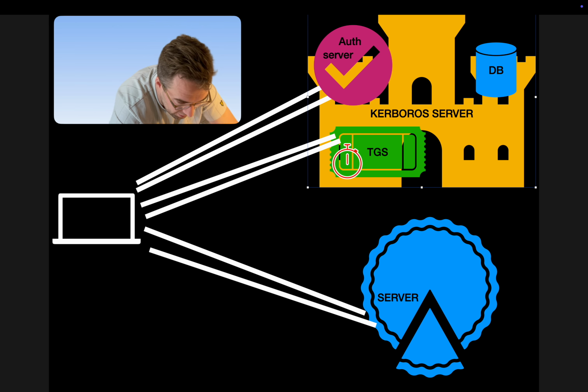be authenticated. And when the client is authenticated, it will get from the ticket granting system, which is also a part of the Kerberos server, a most likely time-limited ticket.